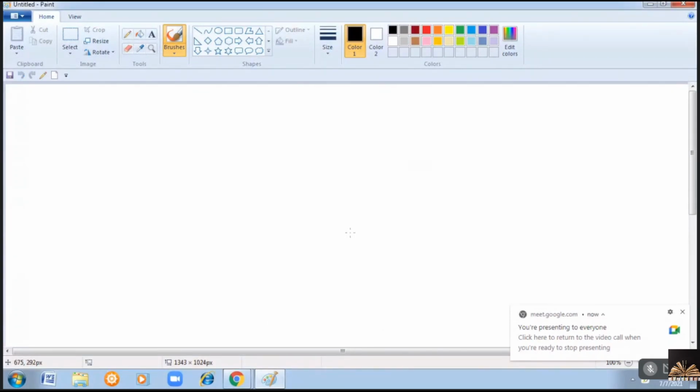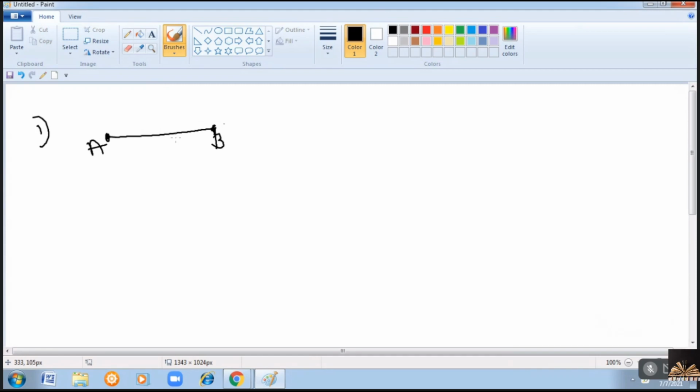Here, suppose you have a graph with a single edge, something like this. A single edge connects two vertices, right? So if there is a graph with a single edge, how many colors do you require to color this graph G?